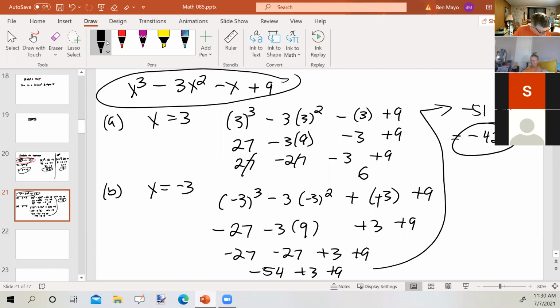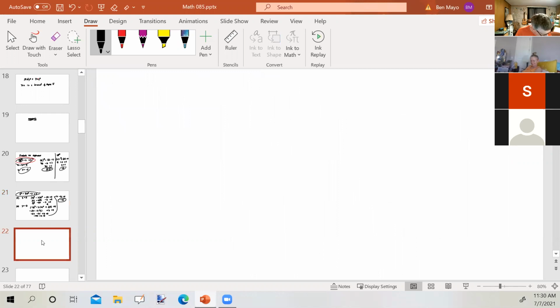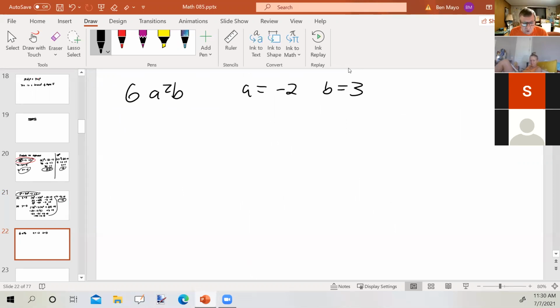Let's see, we're going to evaluate the following. So 6a squared b for a equals negative 2 and b equals 3. So now we've got a monomial expression with 2 variables in it.